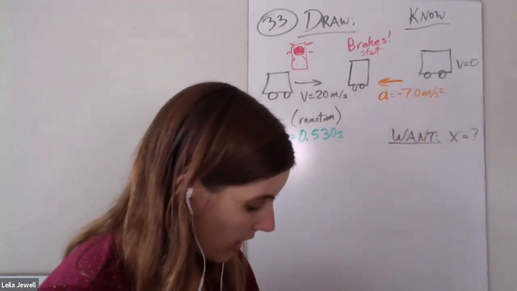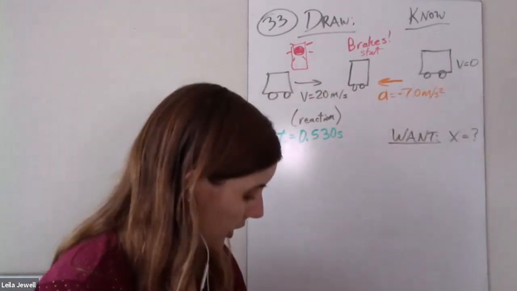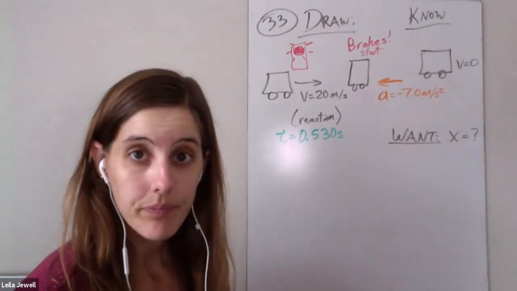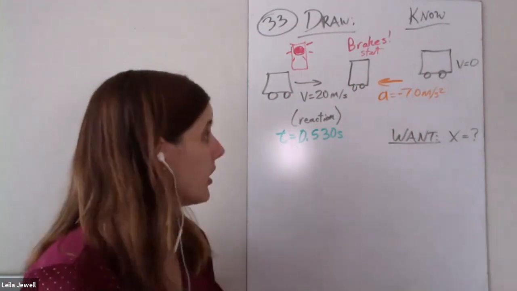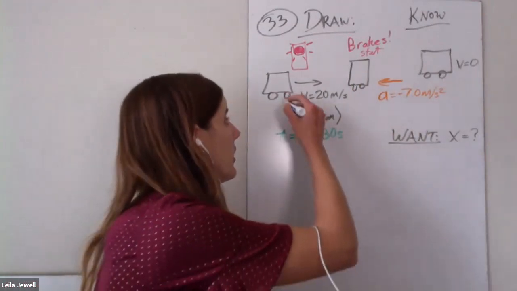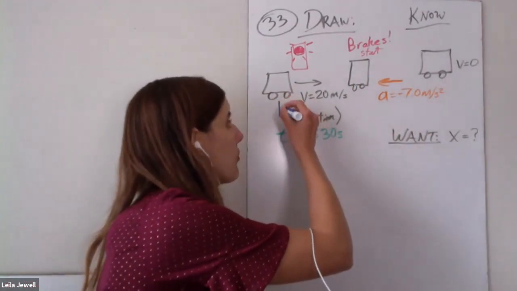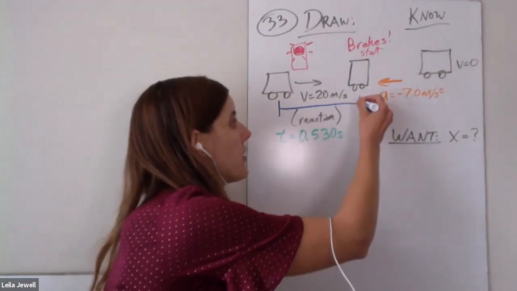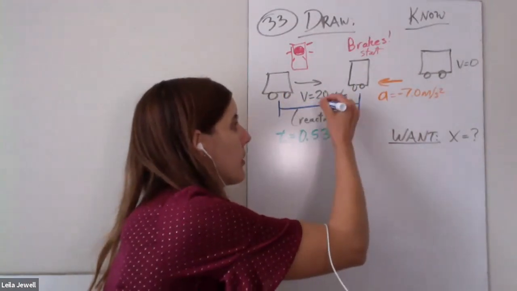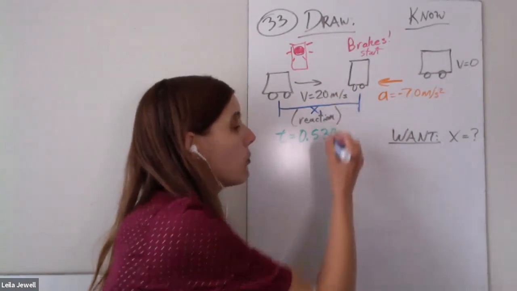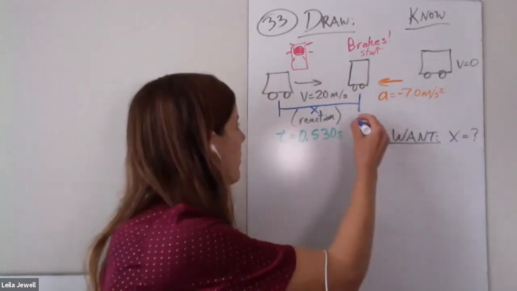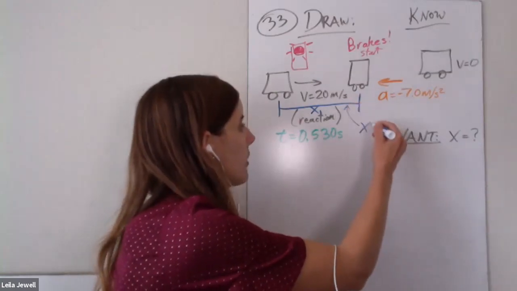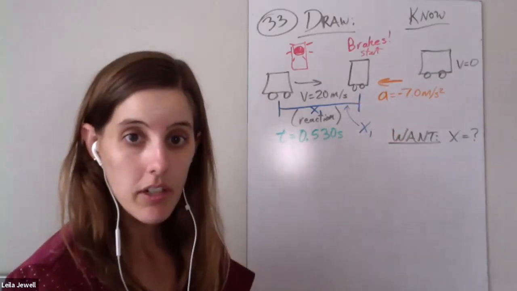And what I'm going to propose to help us out with this problem is that we consider two different segments here, right? We have a segment 1 that's from when the driver first sees the light to when the driver applies the brakes. I'll call that x1. Sorry, that's really hard to see. x1, it's a little easier.